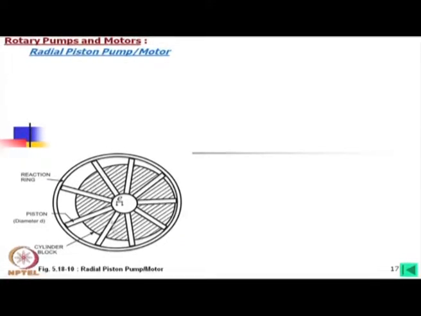This is mounted exactly like a vane pump, but in this case oil goes in and out through the shaft, not from the other sides. This space is not being used for compression and expansion, rather each and every cylinder is being used for compression and expansion, and there is a special valve arrangement inside the shaft.